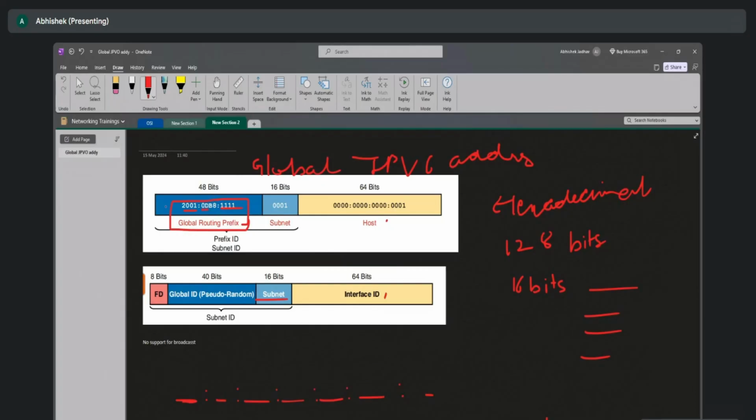So when you see the IPv6 notation here, it is in hexadecimal, and this is overall 128 bits: 1, 2, 3, 4, 5, 6, 7, and 8 octets of 16 bits each. Right? So this is the notation of an IPv6 address.